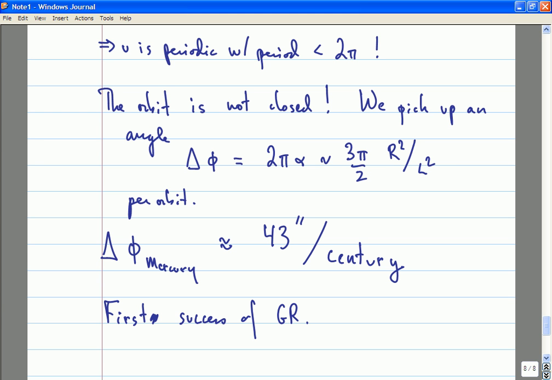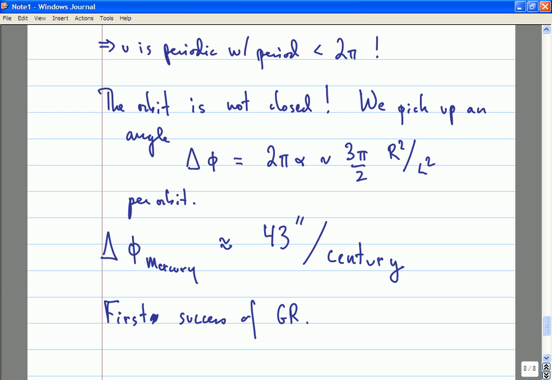It's a few hundred arcseconds per century, and that explains a large amount of the precession of the perihelion. And then you can go and repeat this same computation for all of the other planets. And what these 19th century physicists and astronomers found was that the three-body effects from all of the other planets in the solar system accounted for all but 43 arcseconds per century of the precession of the perihelion of Mercury.